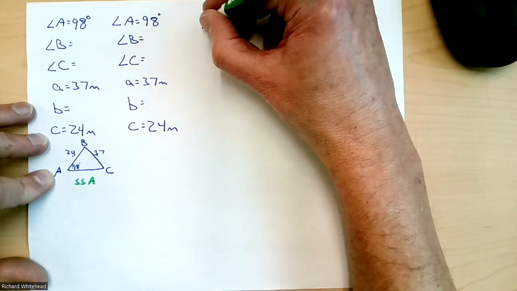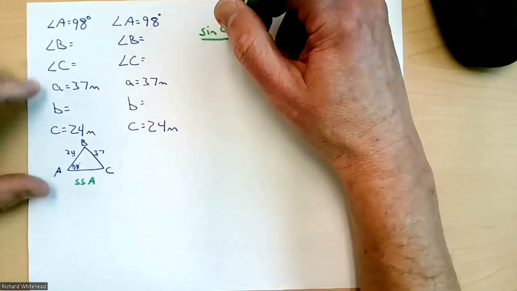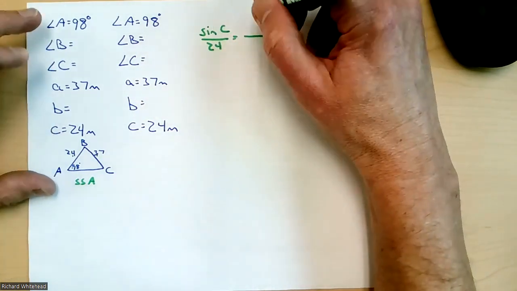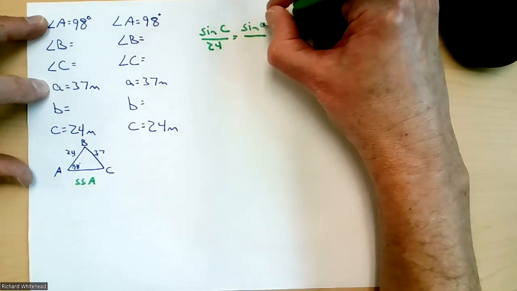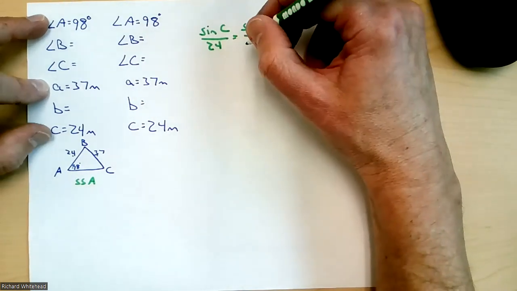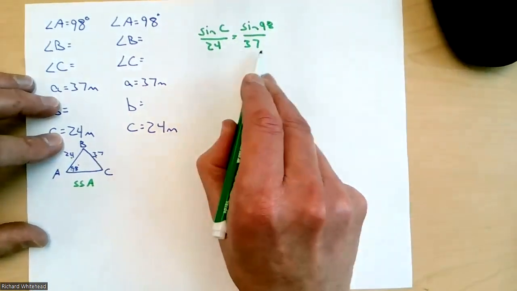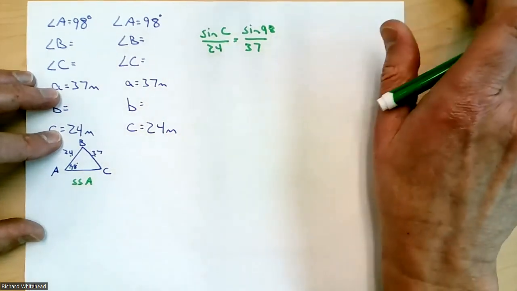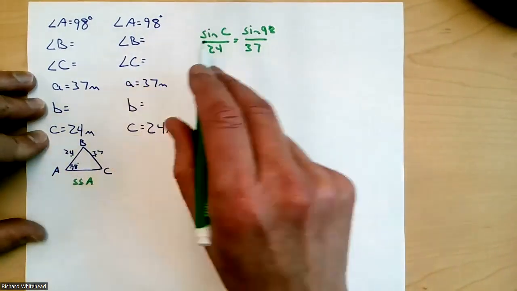So I would say, the sine of angle C over 24 is equal to, and I have to use A, the sine of 98 over 37. So I'd have my problem set up like this, law of sines. It was angle-side, so I just set it up.